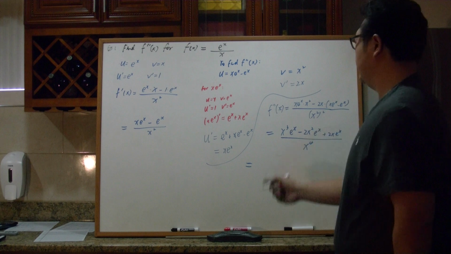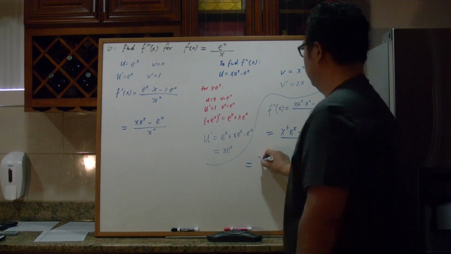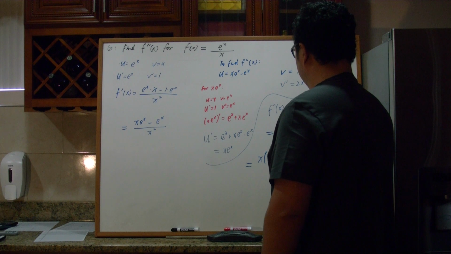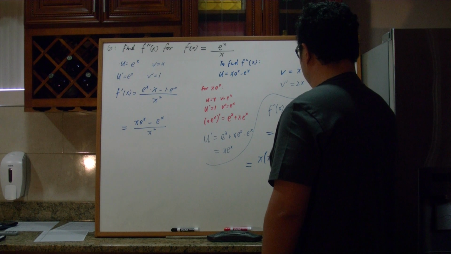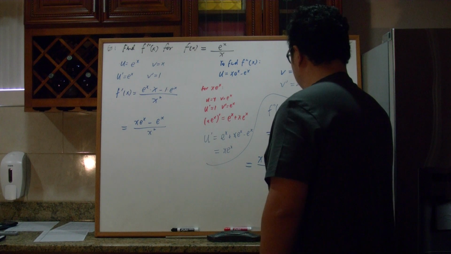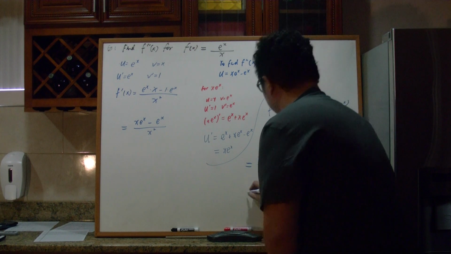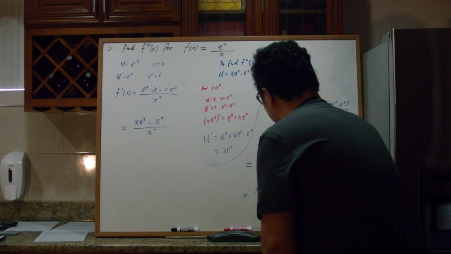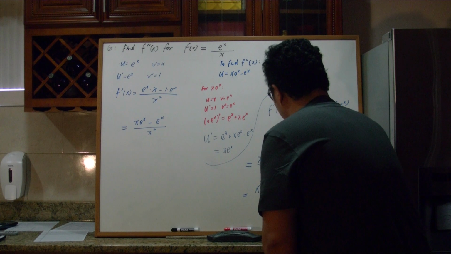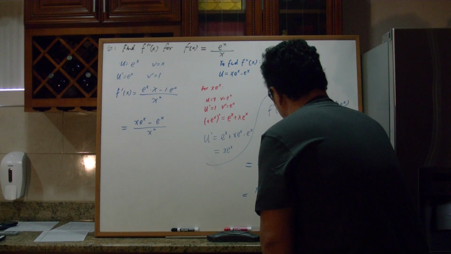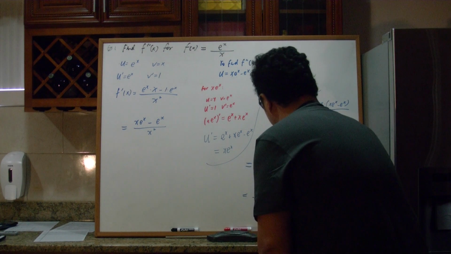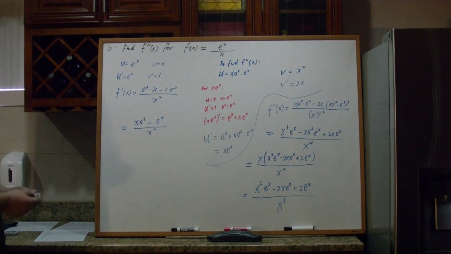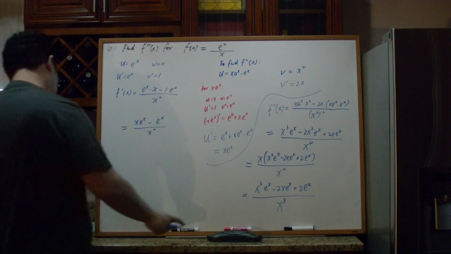And we can factor the x on the numerator out: x squared e to the x minus 2x e to the x plus 2e to the x over x to the third. Even though we factor out e to the x, that will not help us that much. So we could leave it like that.